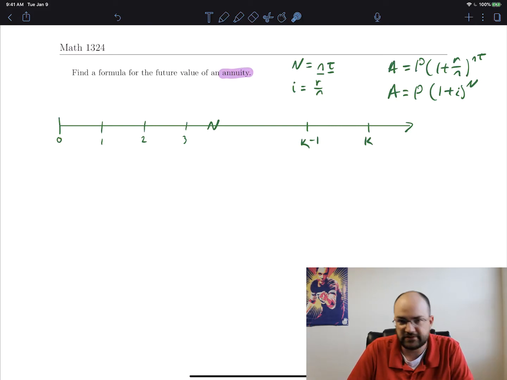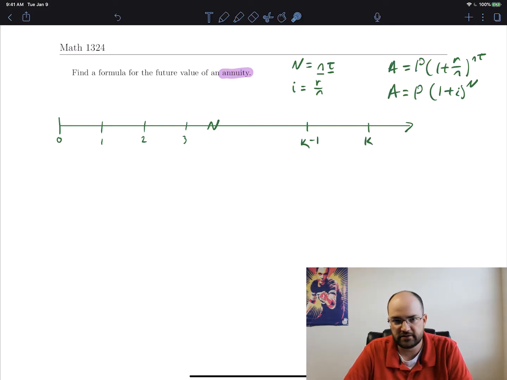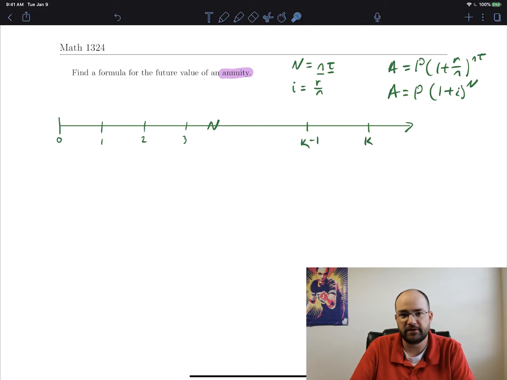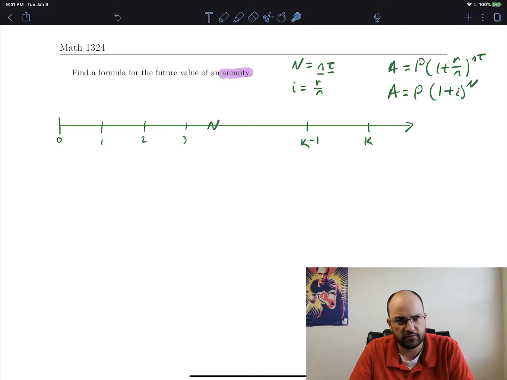And I do include 0 on here because there are such things as annuities due, which is what happens when you start making a payment at the beginning of a period instead of at the end of a period. So for us, we're going to work with ordinary annuities, which means that you're going to wait to make your first payment. Now you're used to this because most of your annuities that you've ever seen are all ordinary annuities.